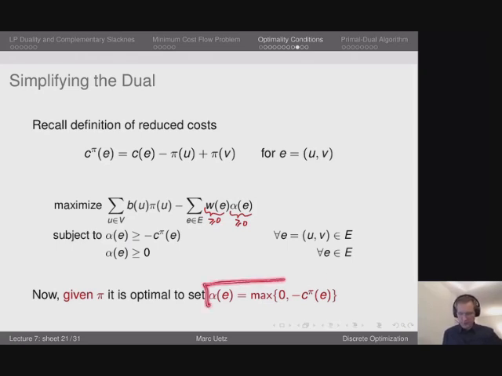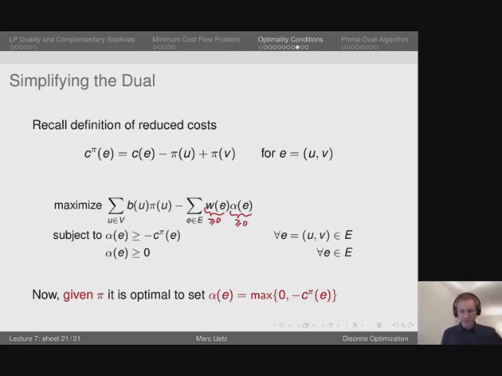And that exactly means that given values for pi, which define these reduced costs here, or the negative of the reduced costs, I will set the alpha values as small as possible. And that is either equal to 0 if possible, and if the reduced costs are negative, then because of these constraints here, I have to set the alpha values a little bit larger, namely to something strictly positive.